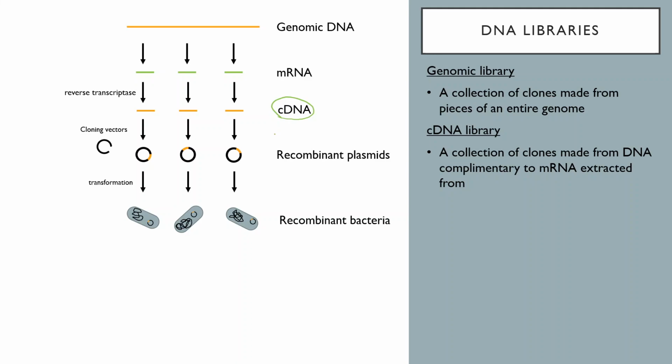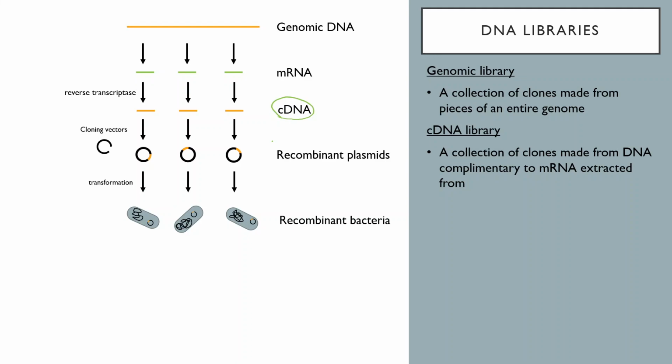You put the cDNA into a cloning vector, and then you transform the cloning vector plasmid into a bacterial host. The host grows, and so every clone of that bacterial cell will then contain one of the mRNA sequences. So then that collection of bacteria becomes your cDNA library. And each library represents a different situation.